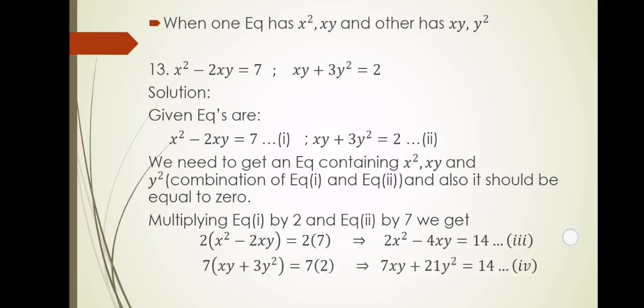Now the right hand side of both equation 3 and 4 is the same. If we subtract them, the right hand side of the resultant equation will be equal to 0, and we will also get an equation containing all the three terms, that is x square, xy and y square.